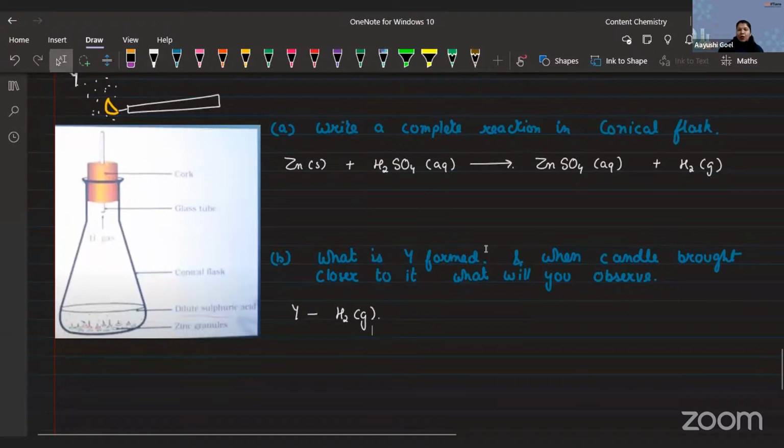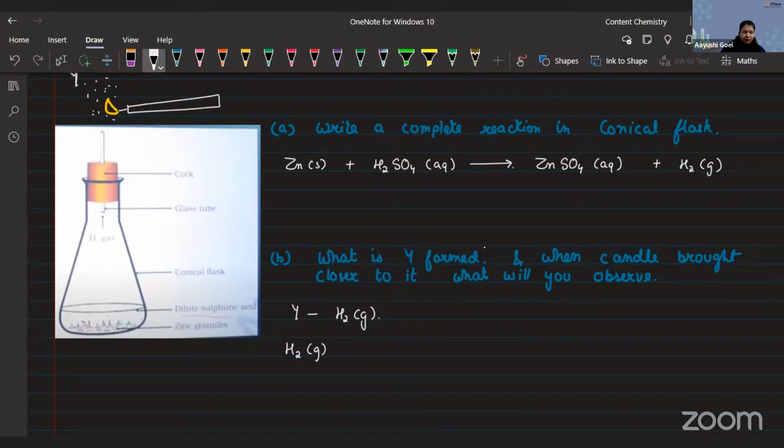Hydrogen burns with a pop sound. Is that clear?